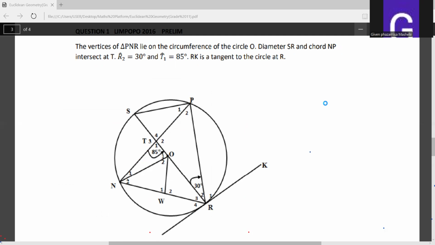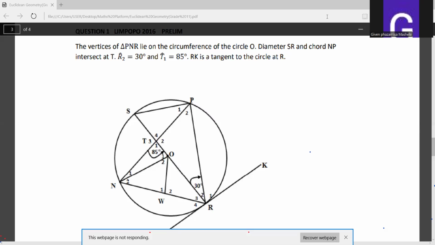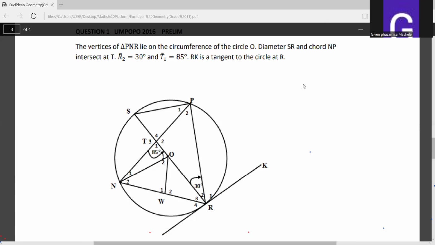Look at what you're actually given. All the answers are in the statement given here. Once you know what you're doing, then it will be easier for you to understand. I believe you are following, guys.